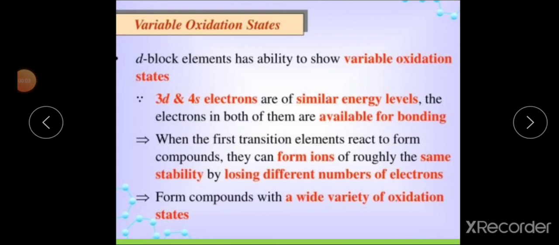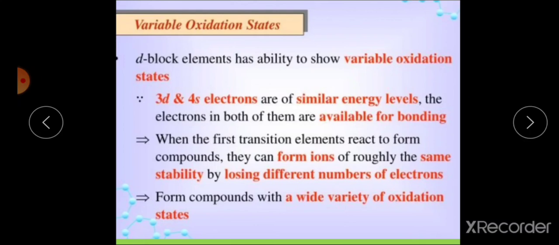Next is the oxidation states of the first transition series. In transition elements, the energies of ns and (n-1)d levels are almost the same. Therefore, electrons from these levels are available for chemical bonding. That's why transition metals form compounds showing variable oxidation states. The transition metals in the first series have 2 electrons in their outermost shell, with the exception of chromium and copper, which have only 1 electron in the outermost shell.